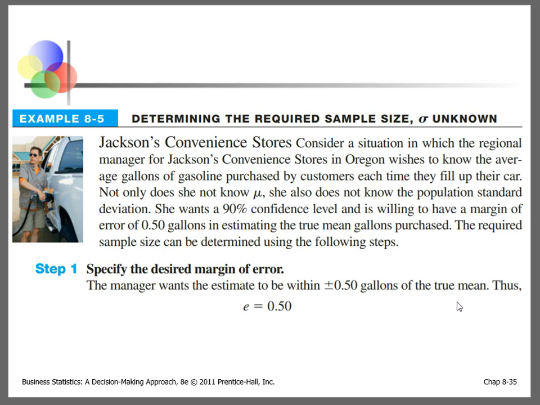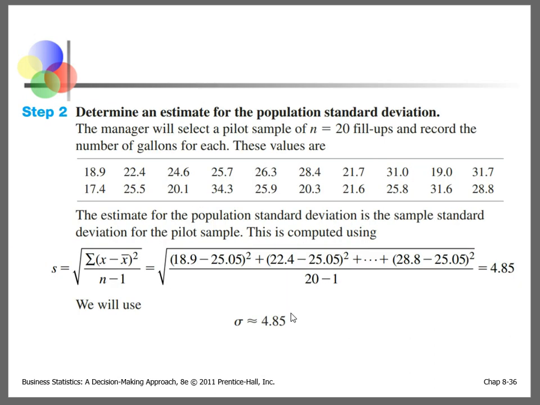Step number 1, we need to specify the desired margin of error. From the problem, we have 0.5. Step number 2, we need to determine an estimate for the population standard deviation. A way to do this is that the manager could select a pilot sample of 20 fill-ups and record the number of gallons for each.